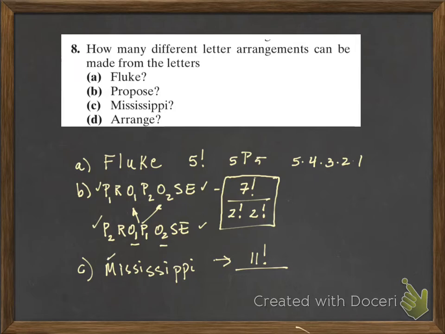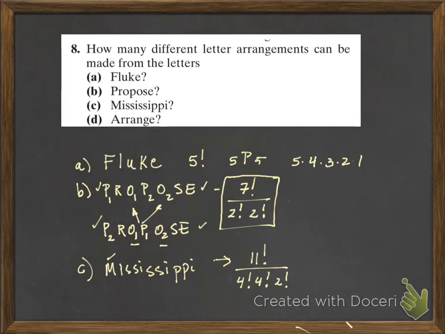So we only have 1 M, that's good, but we have 4 I's, so we're overcounting by 4 factorial with the I's. We have 4 S's, so we're overcounting by all the arrangements of the S's. And we have 2 P's, so we can divide out 2 factorial.